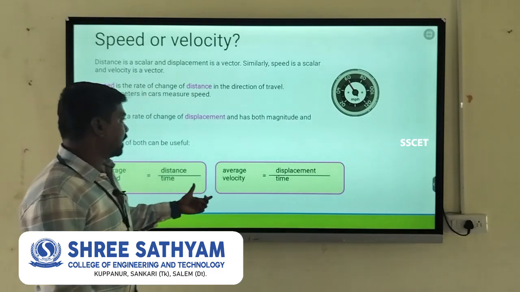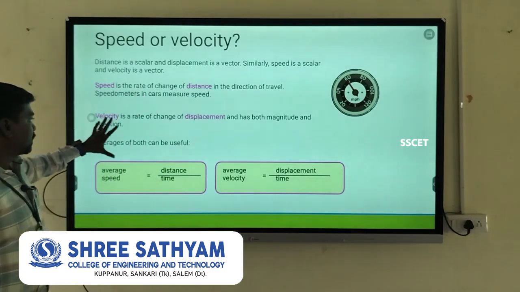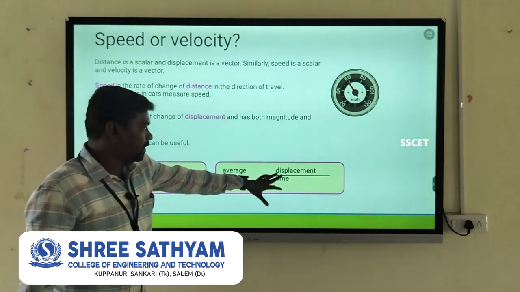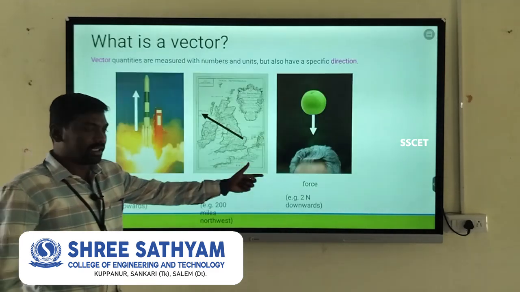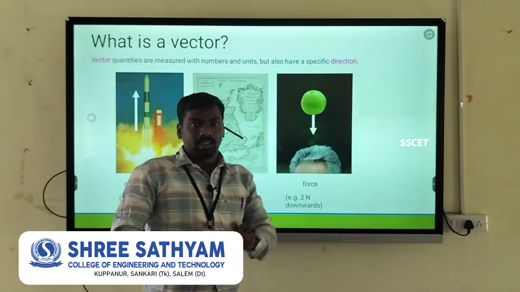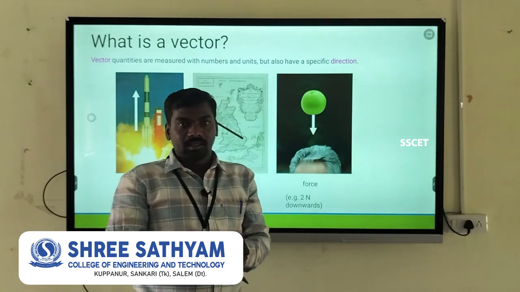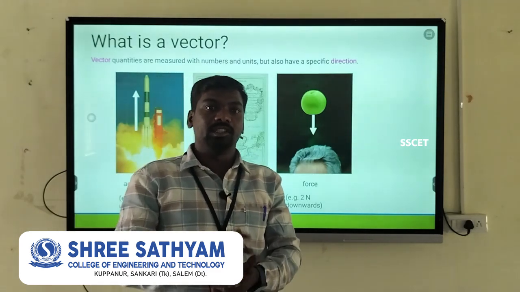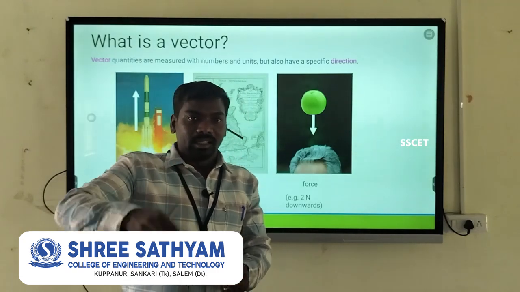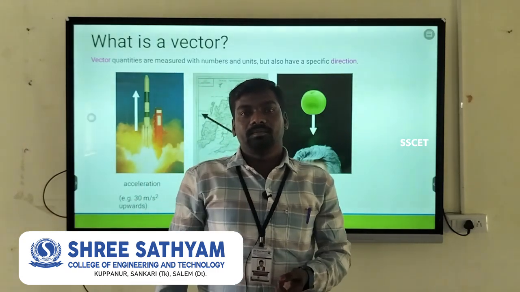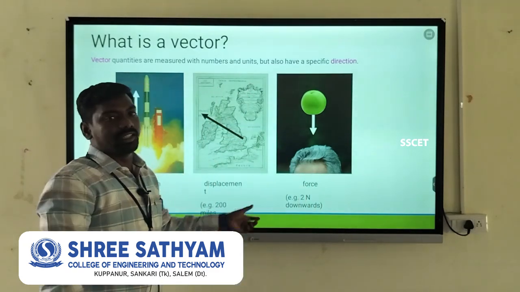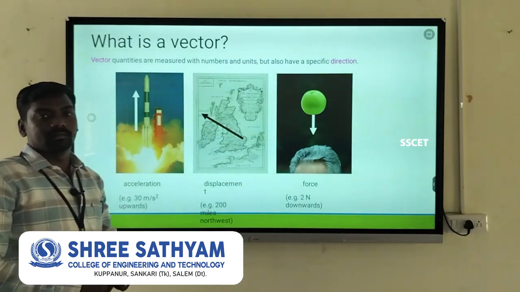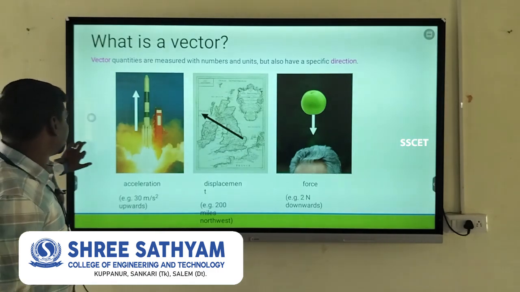What is the difference between distance and displacement? Distance only considers the length, but displacement considers direction and length. So this is the difference between displacement and distance. Clear?